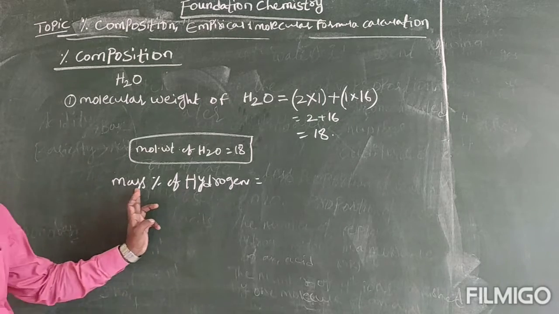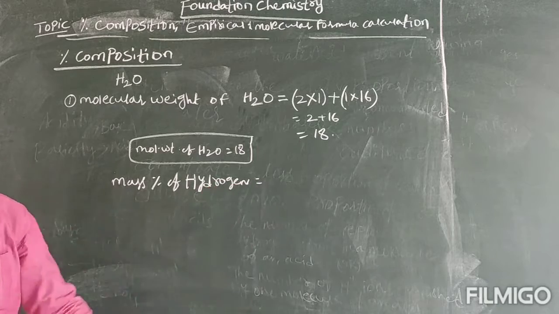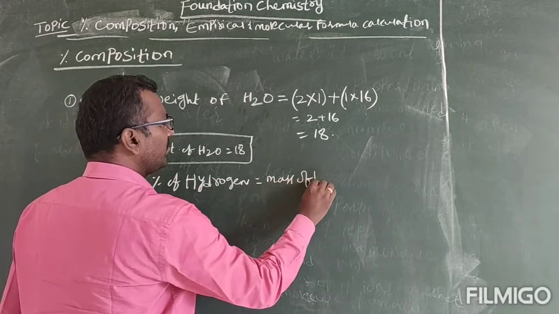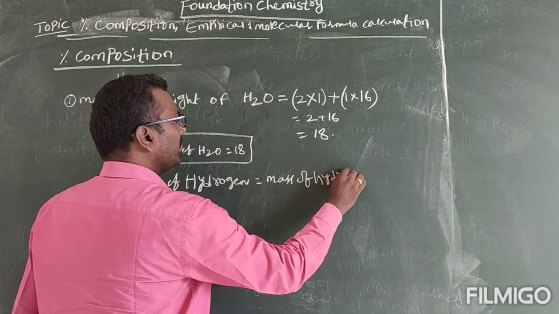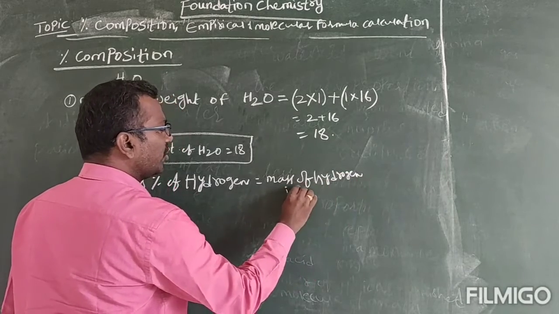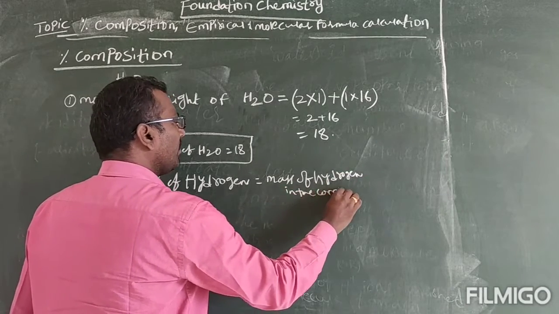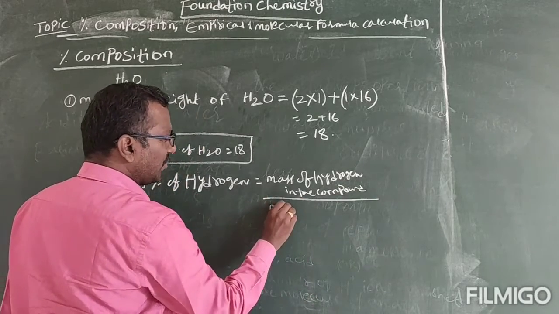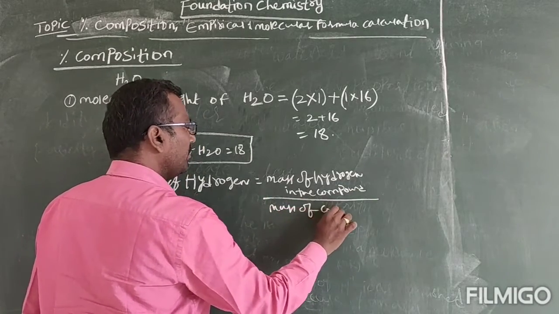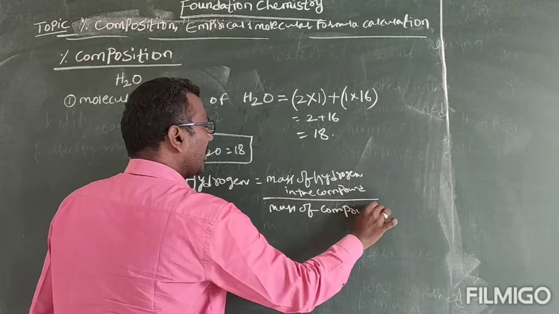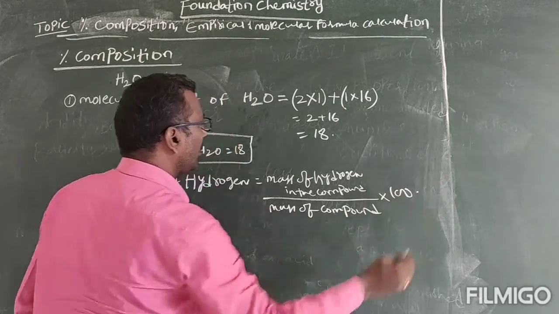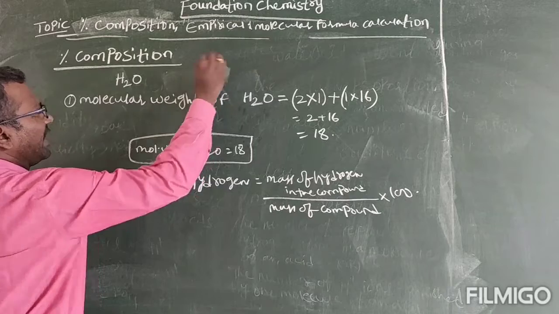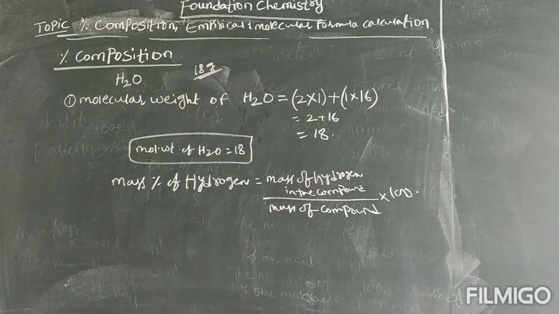In the same way here, the mass percentage of hydrogen is nothing but the mass of hydrogen in the compound by the mass of the compound into 100. He has given 18 grams, so let us consider the mass of the compound is 18.